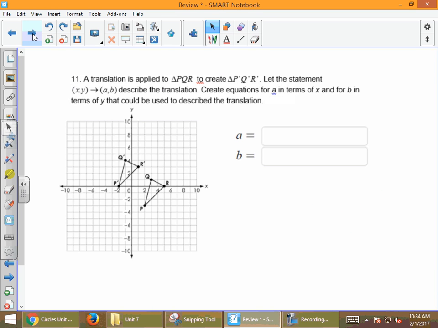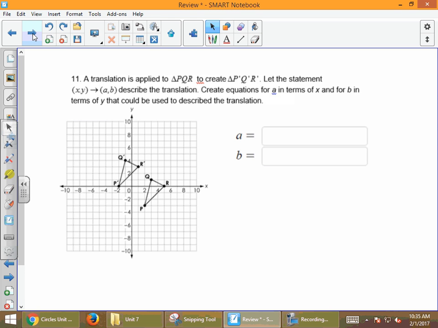Ready, set, go. Last one, we have a translation applied to this triangle PQR to create the new triangle P prime, Q prime, and R prime. Let the statement XY to AB describe the translation. Create equations for A in terms of X and for B in terms of Y that could be used to describe the translation.